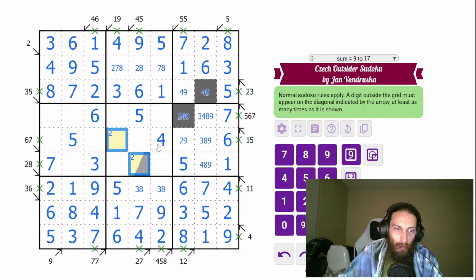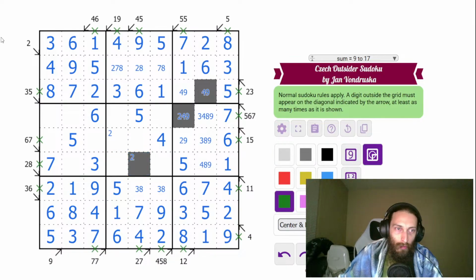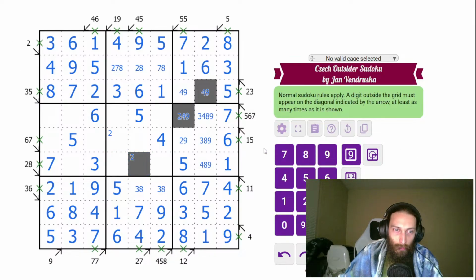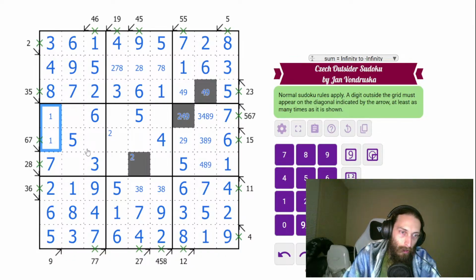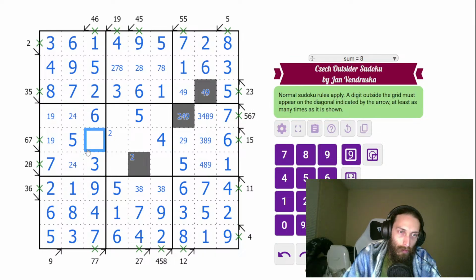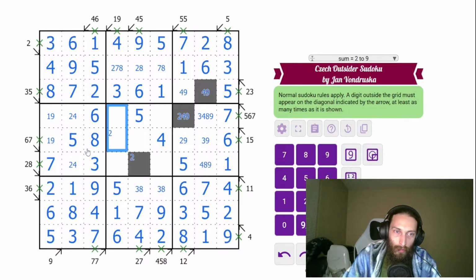So 2 is one of these two, which gives us our 2 done, more or less. 1 and 9. 2 and 4. 8. 2, 7, 8. Or you can put a 2 here, here, 7 here, here, 8 here.